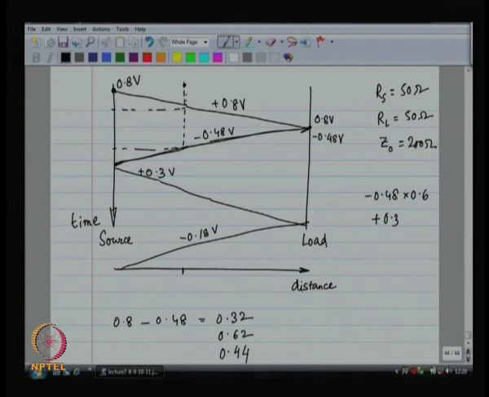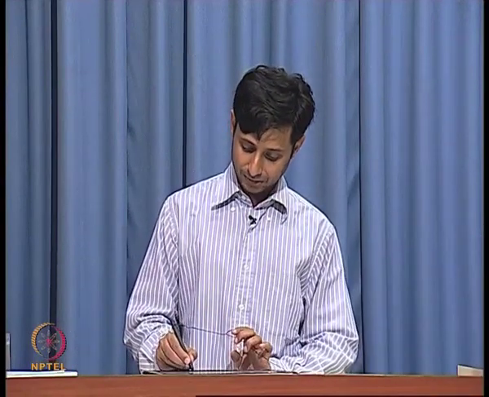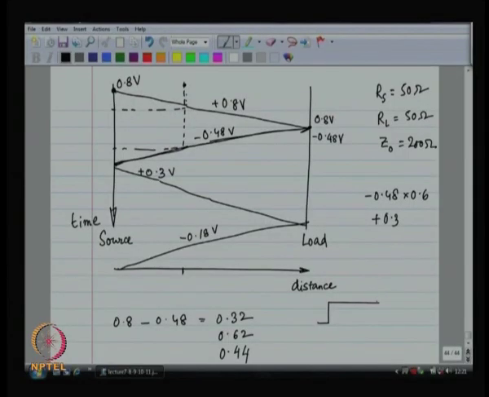Now, the more the mismatch between the source, load and the Z naught, the longer it is going to take for this to settle down. And you also see that you transmitted a pulse instead of receiving a pulse.